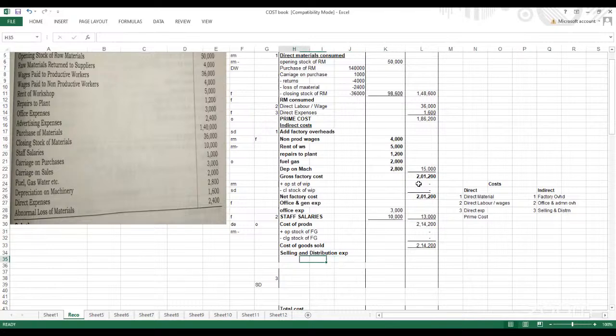Then we write the next heading, selling and distribution overheads. Now we'll see which items are marked as S and D. So here one item is there, advertisement. So I'll write advertisement. Value of advertisement expense is 2,400.